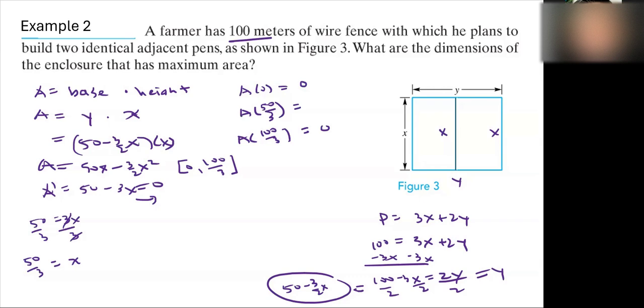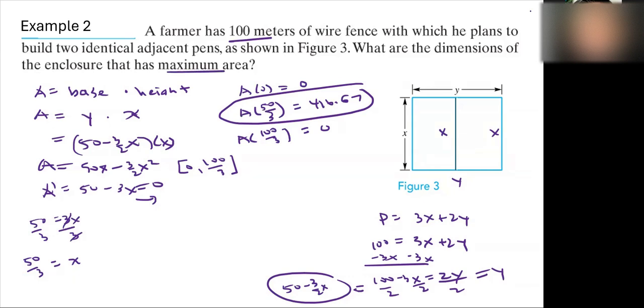And then for 50 over 3, we're going to get 416.67. Okay. All right. So in this case, then, the maximum area is this 416.67 square meters. Okay. So we found the maximum area.